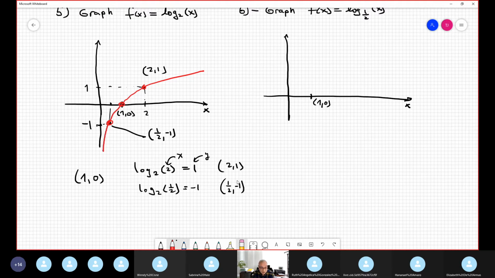And don't forget, it's a super important piece of information, any graph of the logarithmic function contains a vertical asymptote at x equals 0. Always a universal vertical asymptote at x equals 0.